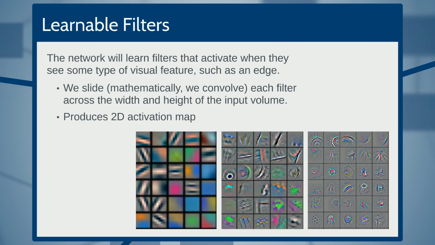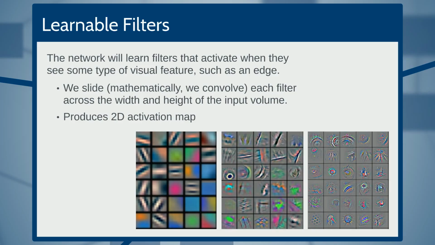So intuitively, the network will learn filters that activate when they see some type of visual features, such as an edge of some orientation, or a blotch of some color on the first layer, or eventually entire honeycombs or wheel-like patterns on higher levels or layers of the network.